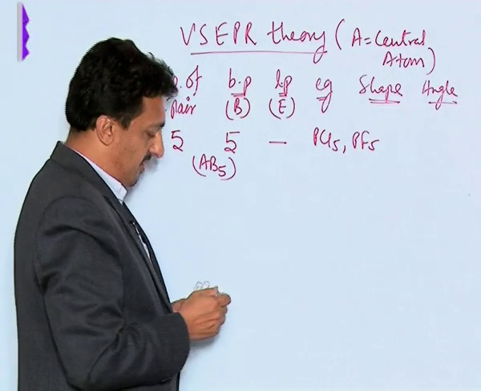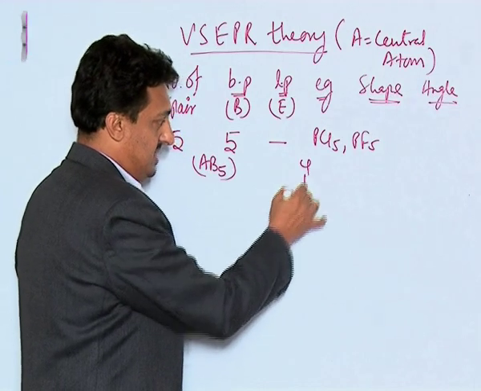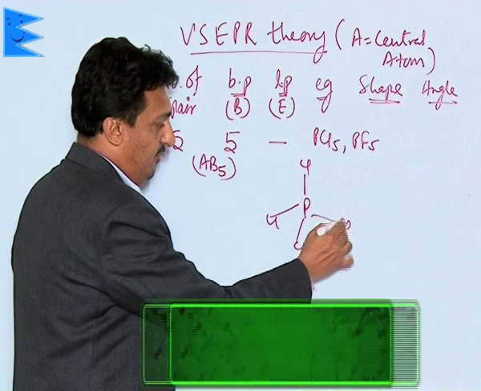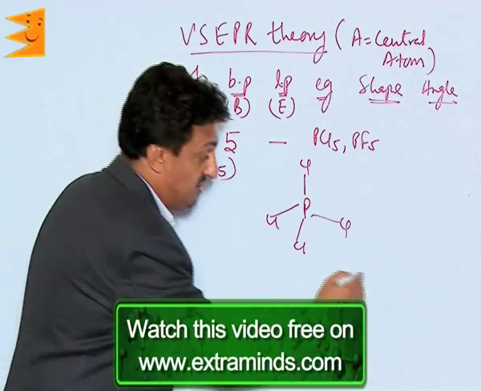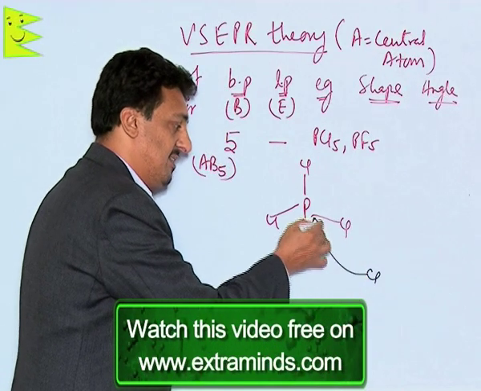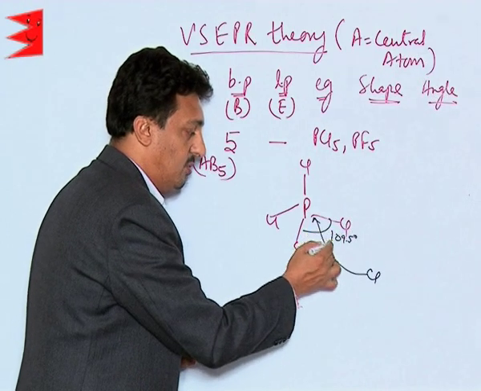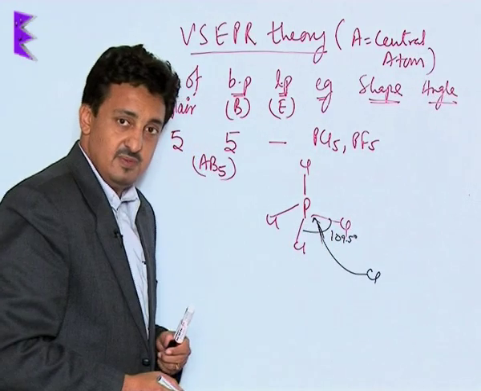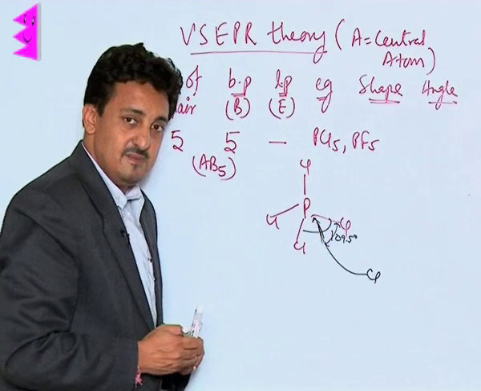Now see, we have already seen this. Suppose I am taking this example, if we have PCl4 in the tetrahedral shape, from where will the 5th chlorine come? If it comes from any angle, it is going to bifurcate this 109.5 degree angle into half of this. That will make strong bond pair repulsions.